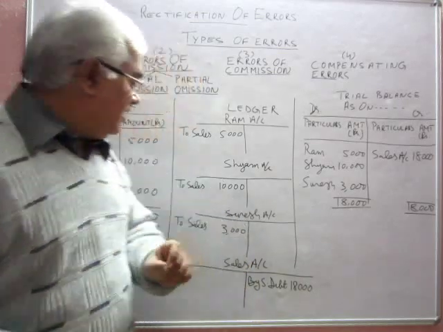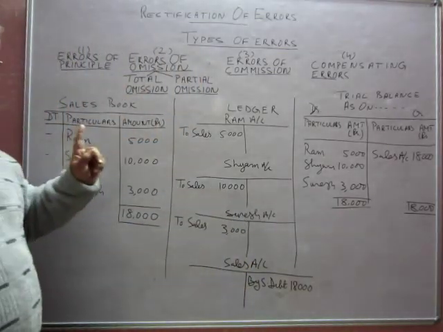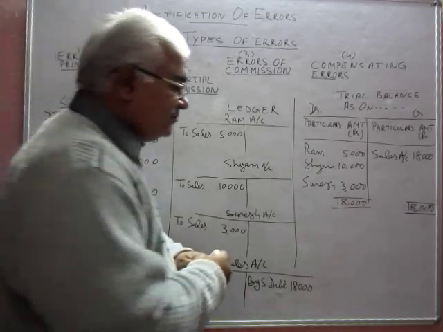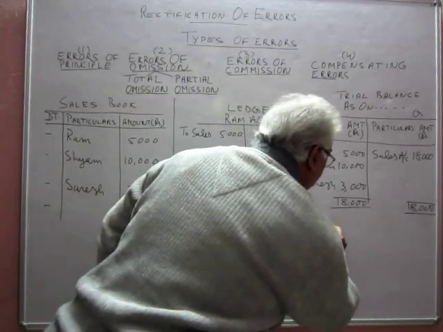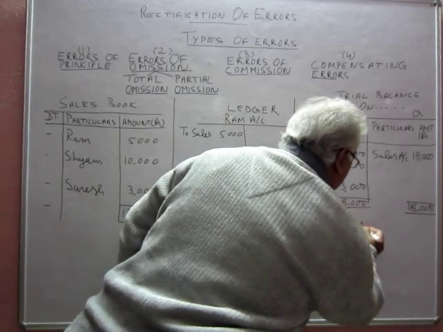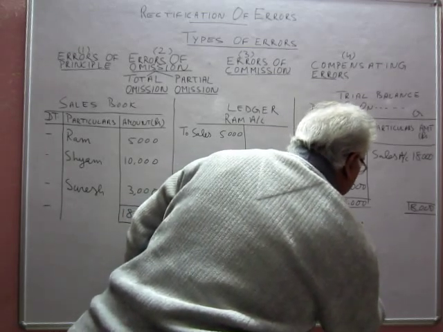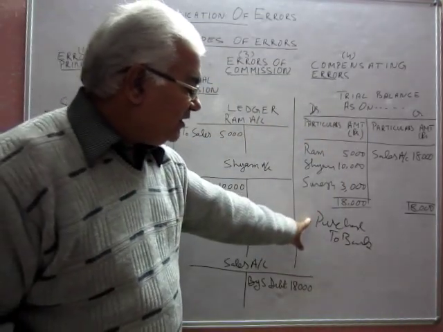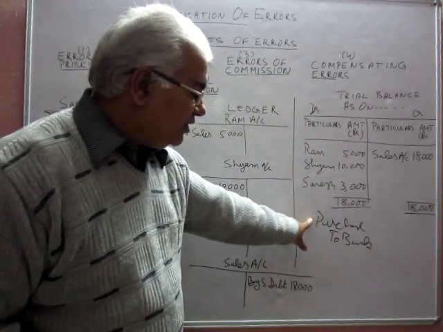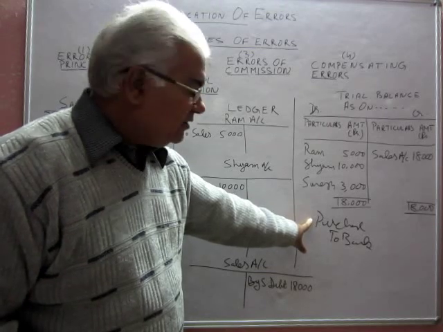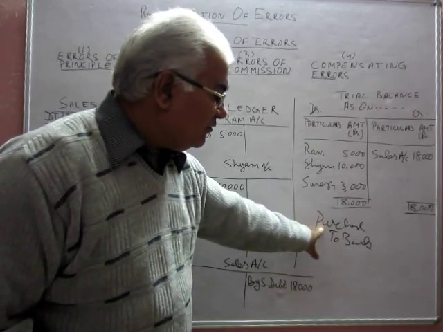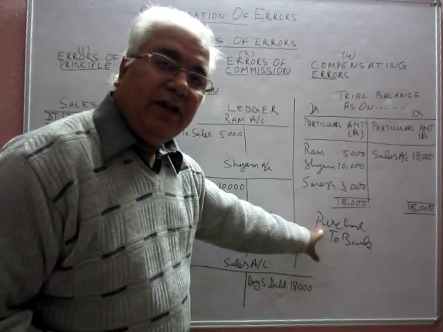In this case, earlier you had debited purchase account and credited, say, bank. Purchase to bank. Instead of purchases account, there should have been furniture account. So what you can do is now debit furniture account and credit purchase account, which was earlier wrongfully debited.